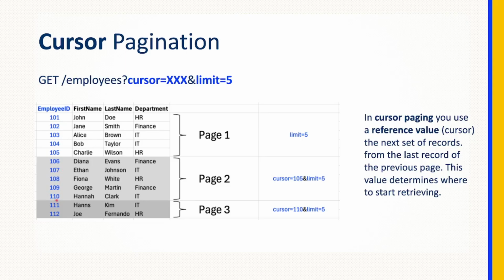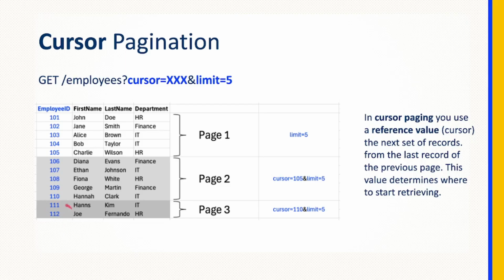In the next API call, we set the cursor as 110 and limit as 5. Then we get the next set of data. We skip records until 110, and starting from the next record, we get the next 5 records.